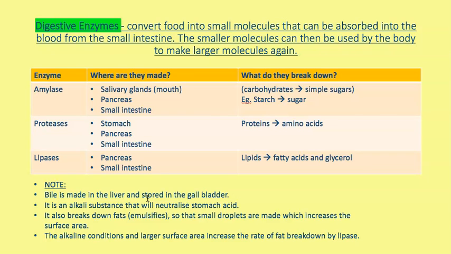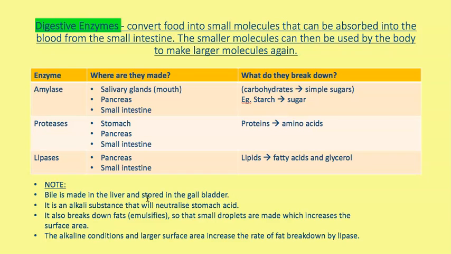What it also does is it breaks down fat, so the fats that get into your stomach, into smaller droplets. Now, making them smaller increases their surface area, and if you increase the surface area, you give more of an area for the lipase to work on. So it helps the lipase because the fat's now got a larger surface area.